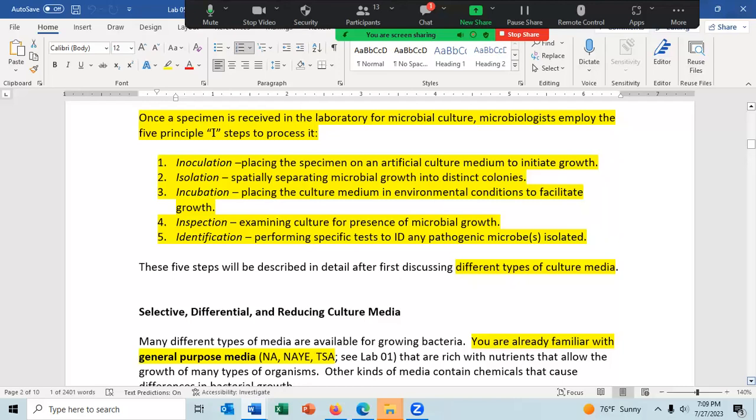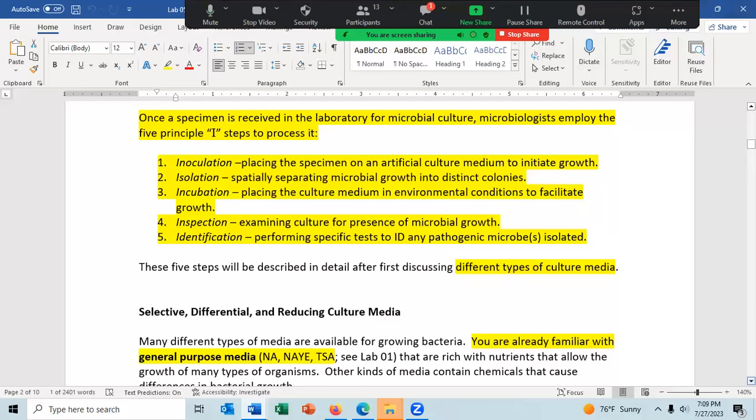We usually incubate our microbiological cultures in an incubator, and we'll talk a little bit more about those. Fourth, inspection. Then you examine the culture first for the presence of something growing, and then the presence of microbes.